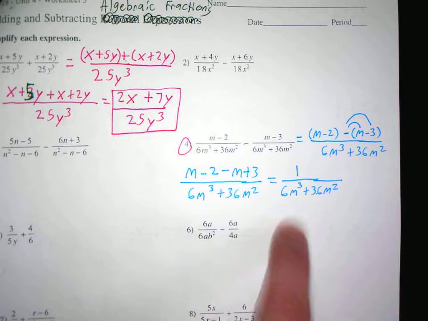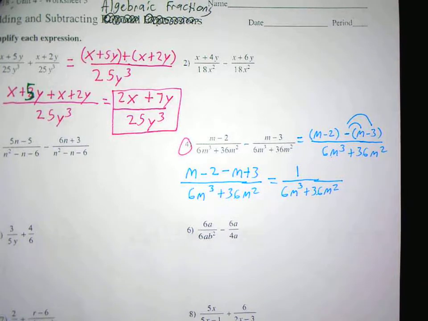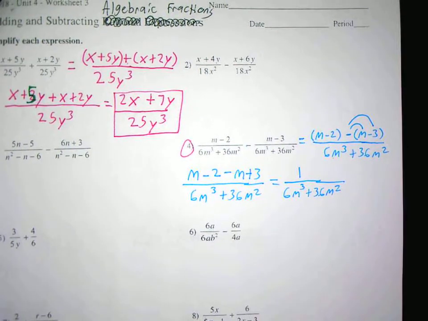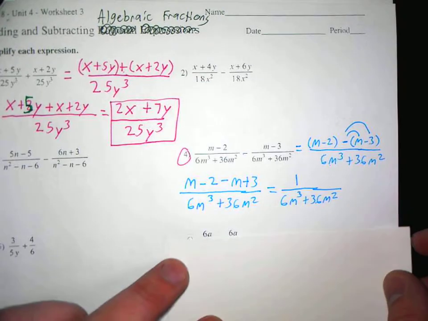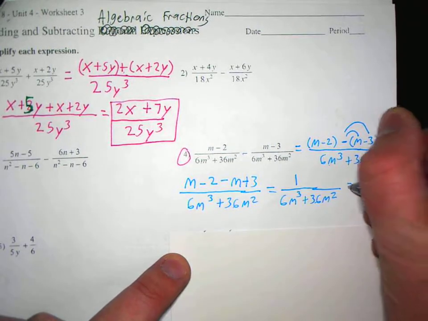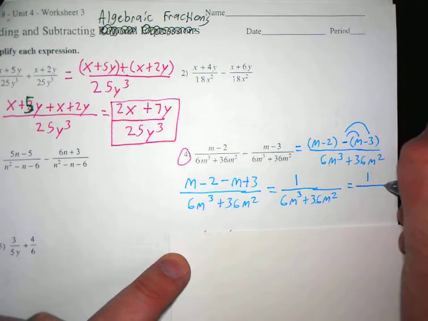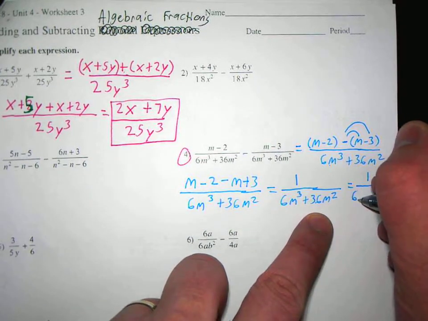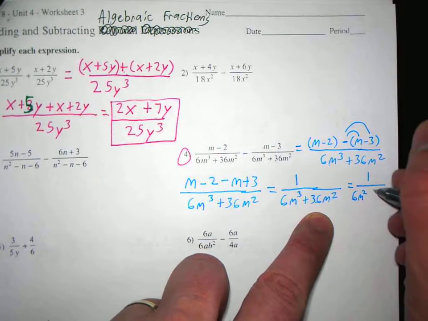However, a lot of times on the AccuPlacer, they keep everything factored as much as possible. Okay, so because I know nothing cancels, I personally think that is an okay answer. But on the AccuPlacer, they may factor that, because the GCF is 6m squared, right?